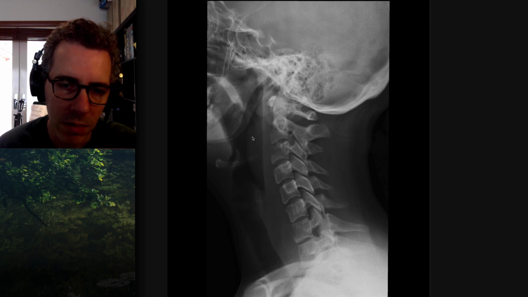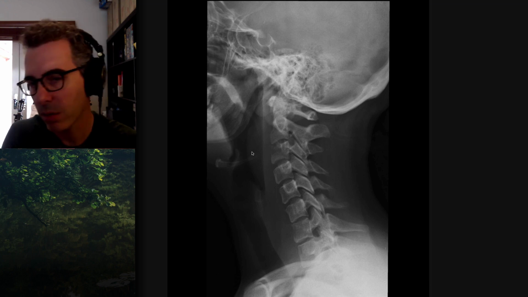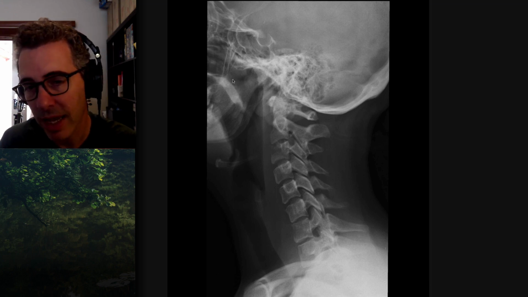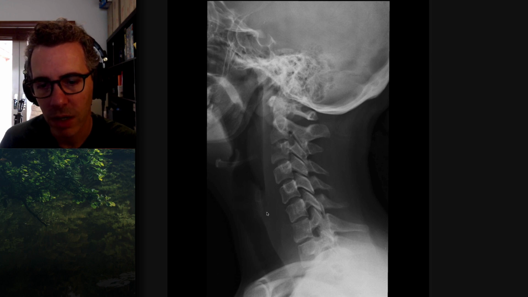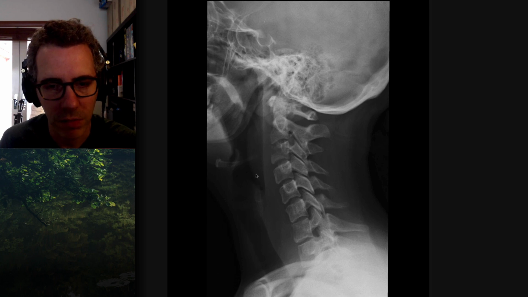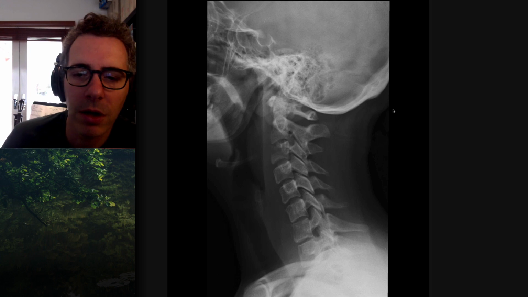So it's worth keeping an eye out for that line as well. I've actually seen a case similar to this, which was reported as normal because this vertical line was relatively close, and below here was normal, and there was this massive swelling off to the side that was not appreciated. Sorry, I interrupt.